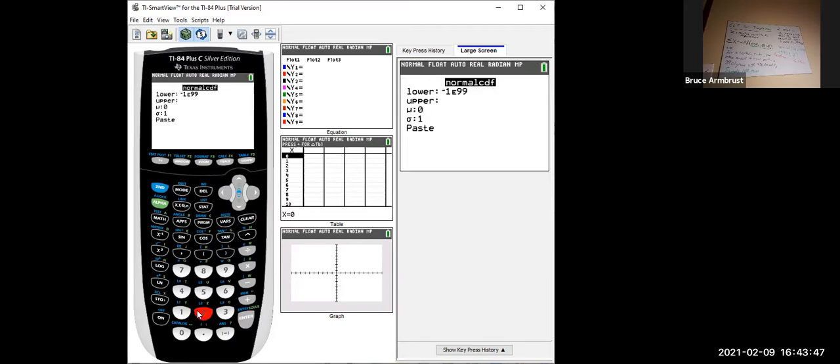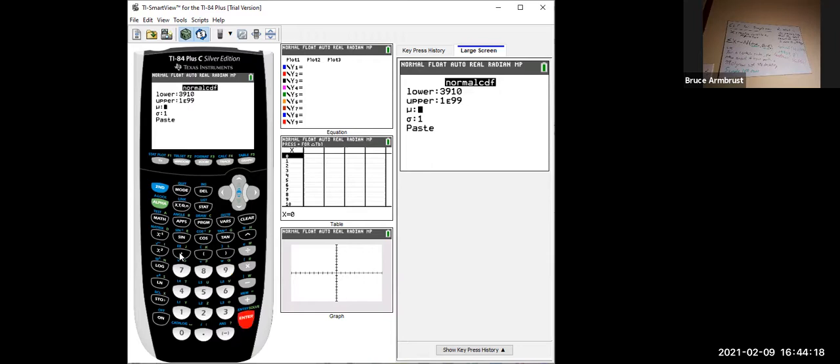All right, our lower bound was 3,910. Our upper bound, we're going to do 1, and then the E, you can see it right here, second E, 99, so that's 1 followed by 99 zeros, so really, really big number.